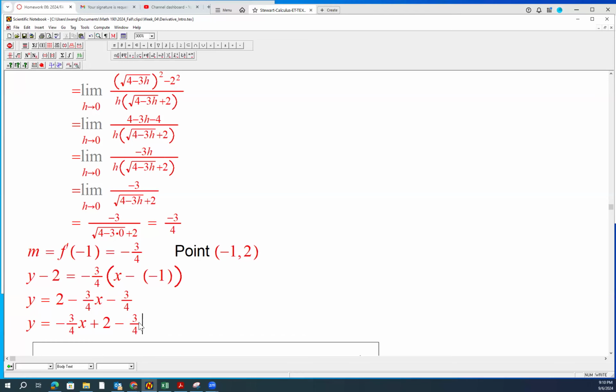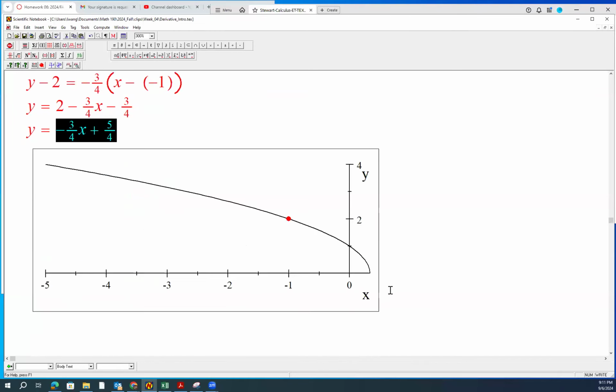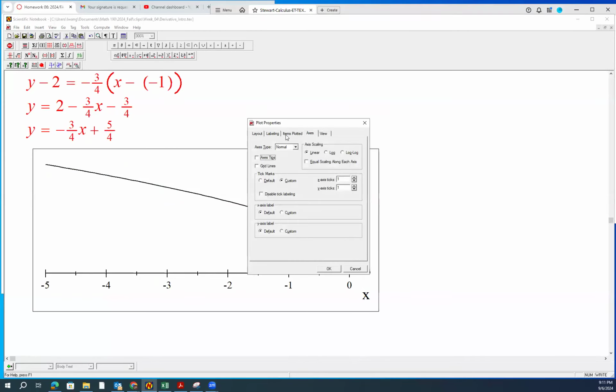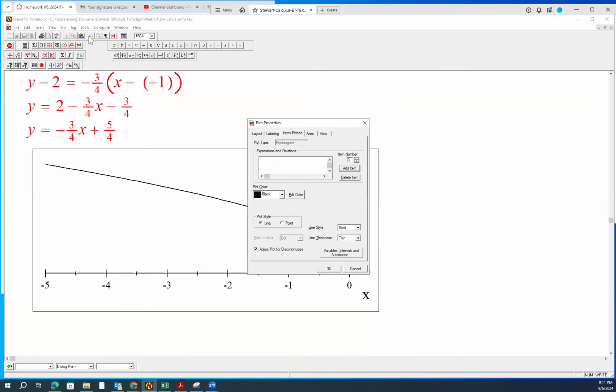1 minus 3/4 is 1/4, so that's going to be 1 1/4. That's it. Or you want to write 5/4, that'll be fine too. Right, 5/4. So let's draw this line to see if we get a tangent line.